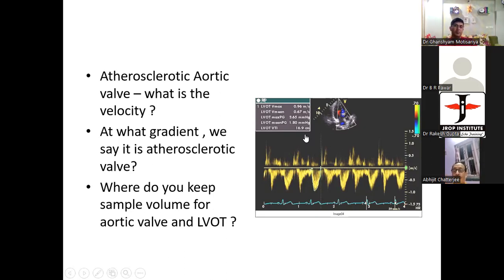Okay, what is the normal velocity for aortic valve? What is the normal peak velocity? I don't know, 2.6. No. Mitral is 1.3. Aortic is 1.7.